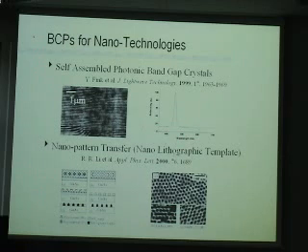As you may know, we can use the block copolymer as a photonic band gap material. This part actually already briefly Professor Lee mentioned. In this particular case, polystyrene and polyisoprene diblock copolymers self-assembled into the multi-layer structure. So this multi-layer structure can be a mirror.